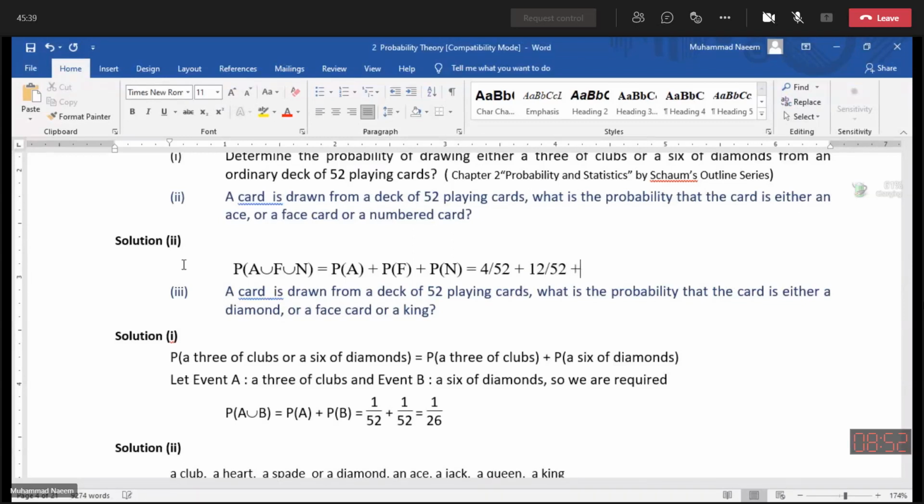So 12 by 52 is the probability of F. And numbered card are 36, 36 by 52.